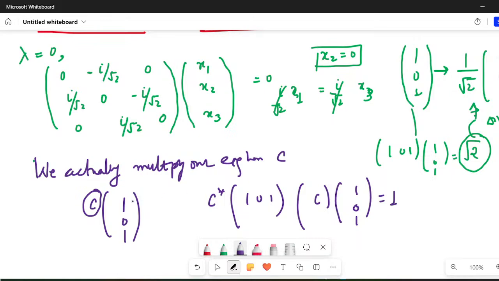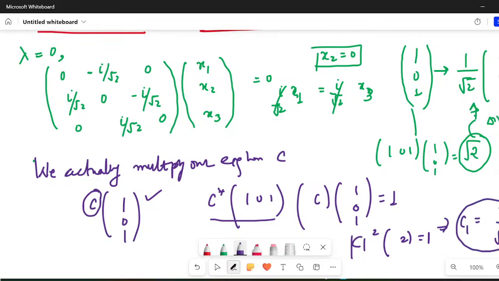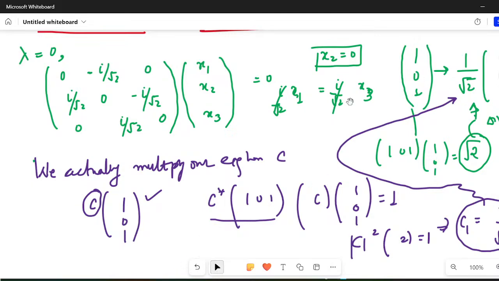So for normalizing it, I have to do u dagger u equal to 1. So here I get mod c whole square times 2 equals 1. That implies c is equal to 1 upon root 2. So multiplying by 1 upon root 2 is equivalent to normalizing your column vector. I think this is quite simple, but okay.